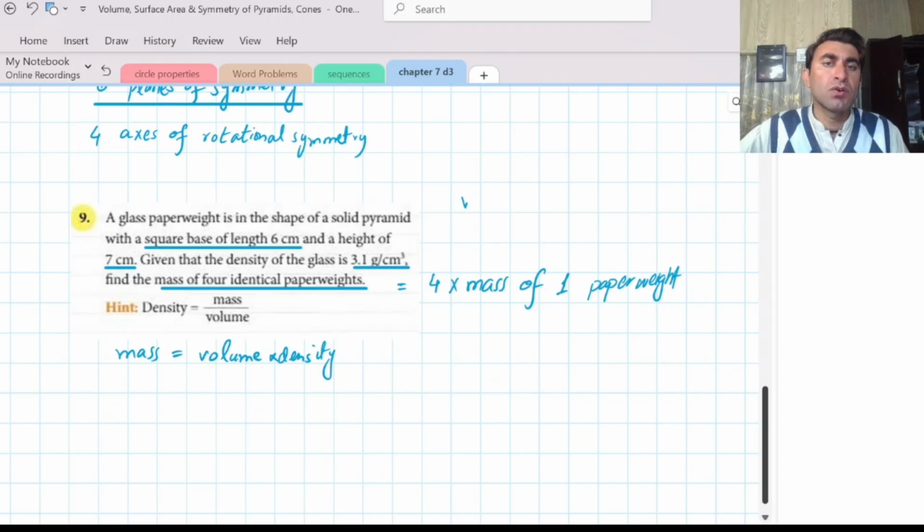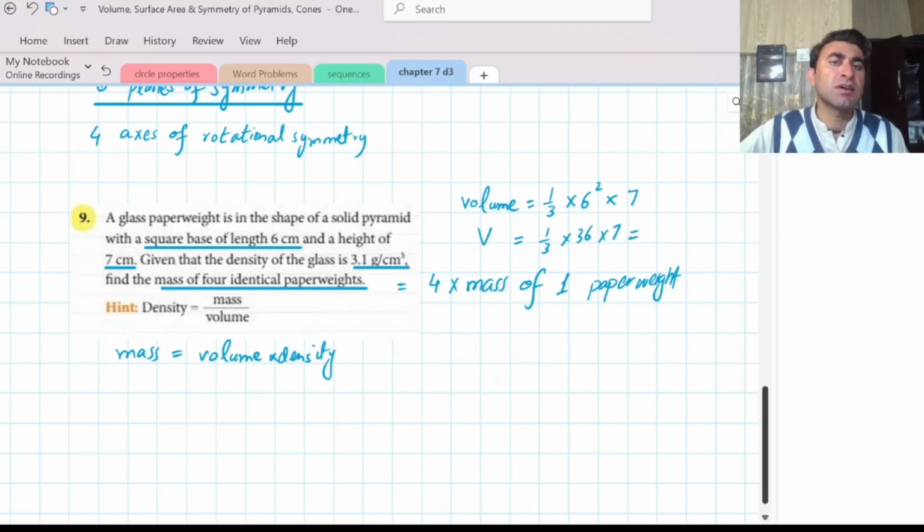Volume for this pyramid will be 1 by 3 times base area, and as we see the base is a square base of length 6, so I can say it is 6 squared multiplied by the height which is 7. When we simplify it, it will be 1 by 3 times 36 times 7, and that is 84 centimeter cube.